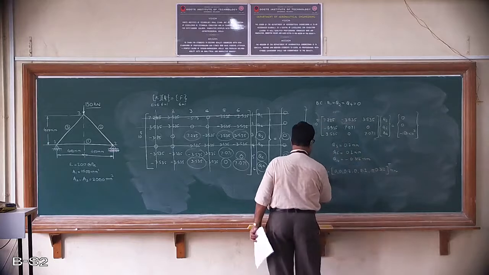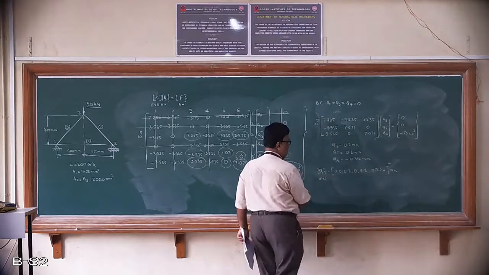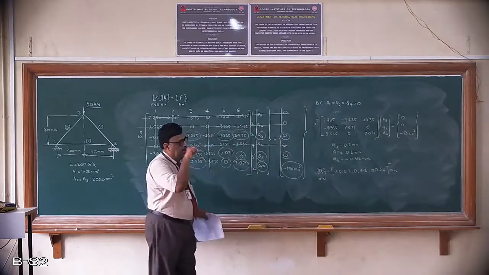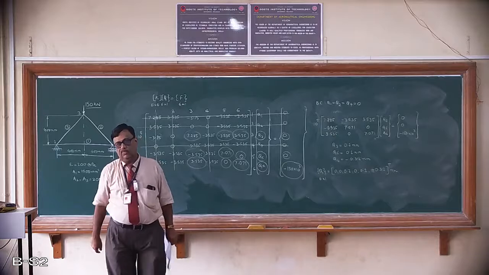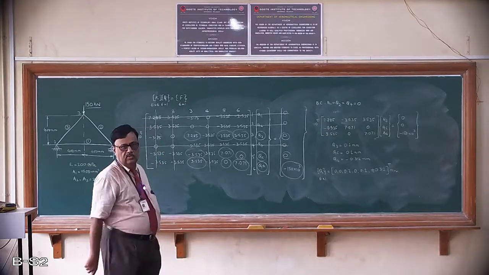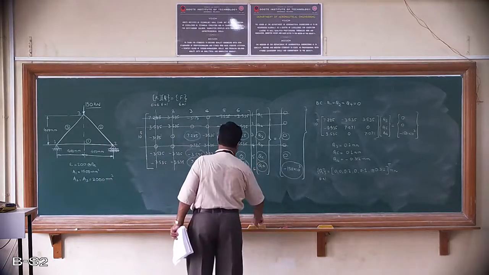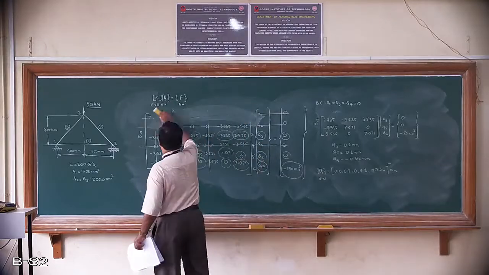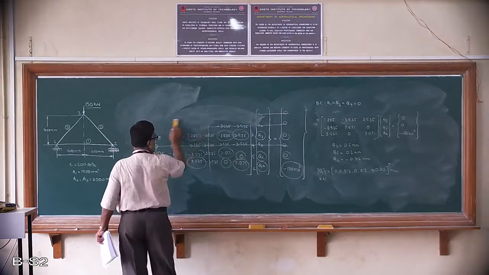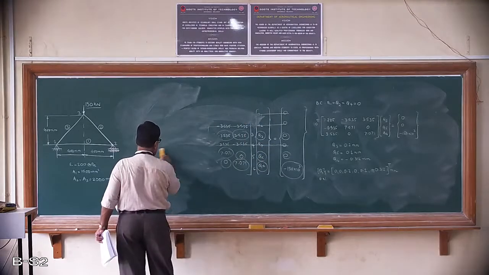Because it is a column matrix, a 6 by 1 column matrix, though I have written it in a row form, with the help of the transpose I can reduce it. So our objective is confirmed, that is, I have now got all the displacements.